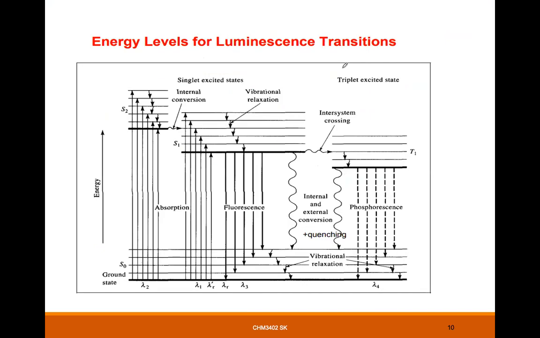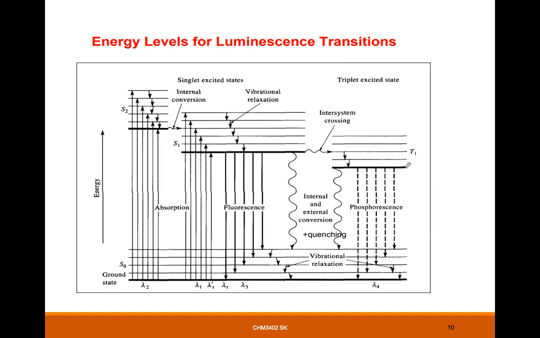I don't know whether you have studied that an electron has a set of quantum numbers: N, L, ML, and MS. N is the electronic state.